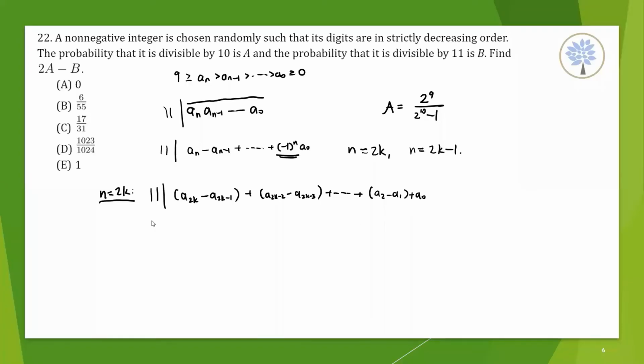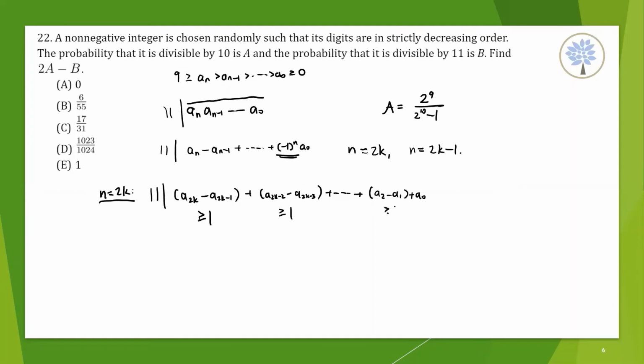All right, so we can write the alternating sum of digits in this way. And in order for this thing to be divisible by 11, let's consider some bounds on this alternating sum. So first of all, a_{2k} minus a_{2k-1} is at least 1. This is because a_{2k} is greater than a_{2k-1}.